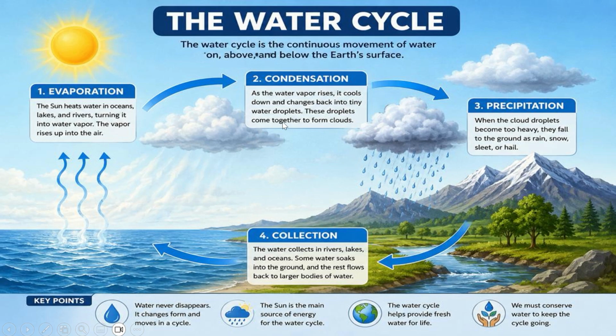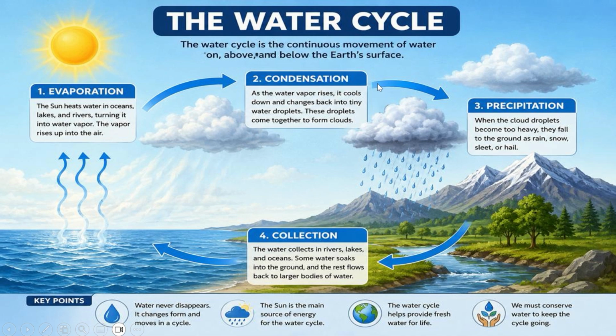And the third point is what? Precipitation. That's the rain. It is either going to rain or come in the form of snow, sleet or hail. That's precipitation, the falling down of the rain.